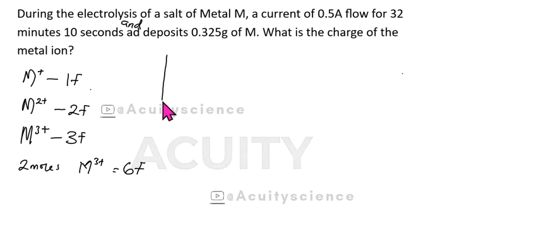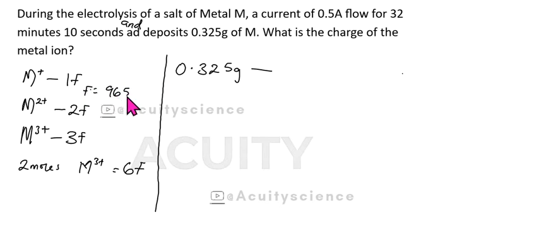Now, first of all, we were told that 0.325 gram was discharged. So let's find the quantity of electricity in coulomb. 1 farad is 96,500 coulomb.